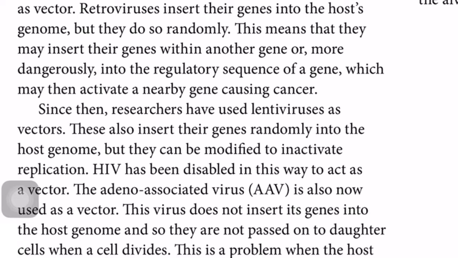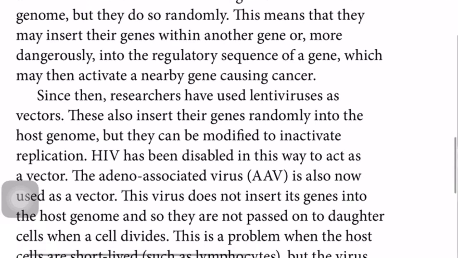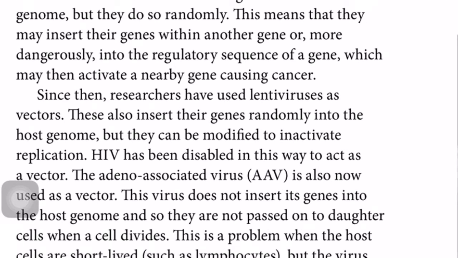Why does this happen? Retroviruses insert their genes into the host genome, but they do so randomly. This means that they may insert the gene within another gene, or more dangerously, into the regulatory sequence of a gene, which may then activate a nearby gene causing cancer. Since they do it randomly, they may not insert it into the position where we want it to.